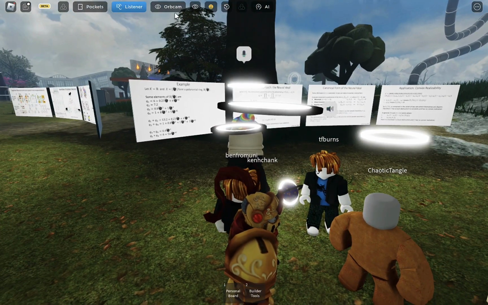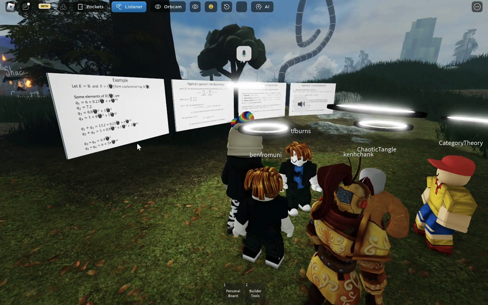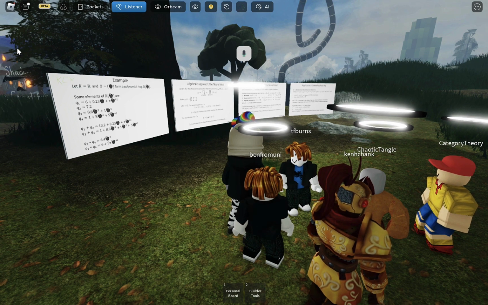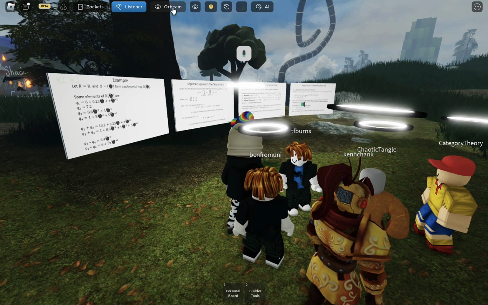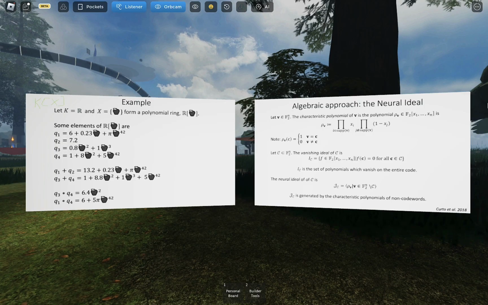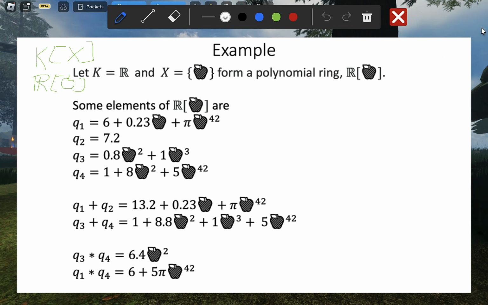So let's say that apples, like just one apple, is our X, right? And remember, the polynomial ring is like this, right? So what's K here? Well, K is R. And then our X is an apple, a green apple in this case.